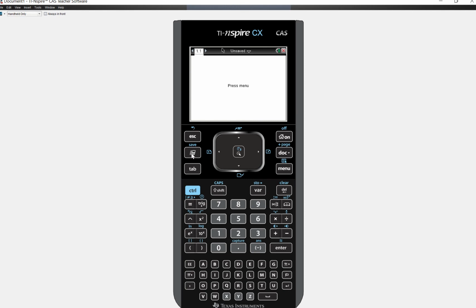So on our graphing calculator, we want to enter x divided by the square root of the quantity x squared plus 1.